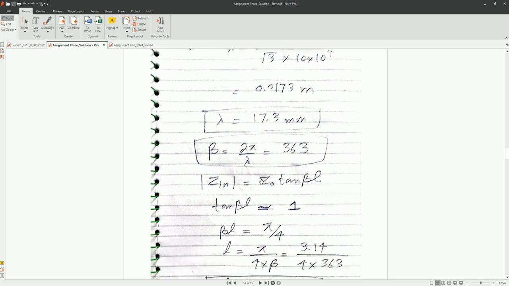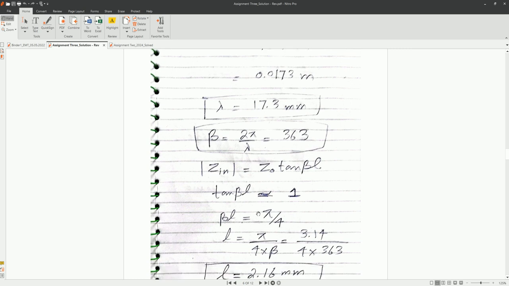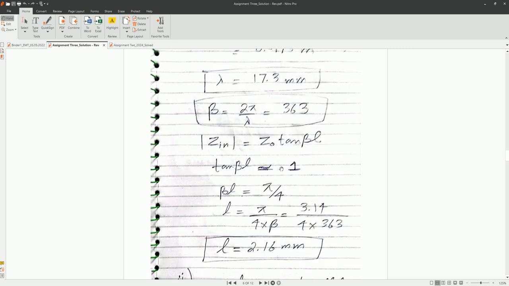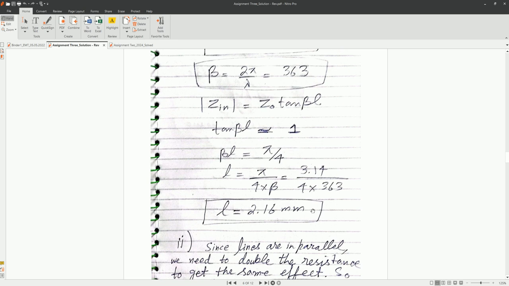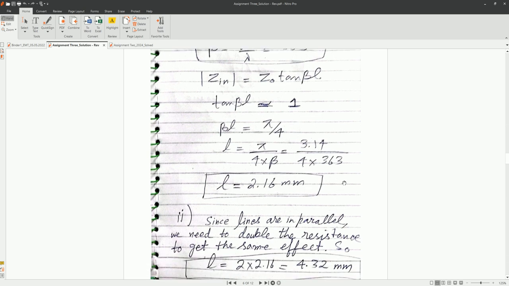And this Z0 is equal to Zin, so this will cancel, and here we will have 1, so tan beta l will be 1, and we know that this is at 45 degrees, so beta l is equal to pi by 4, and l is equal to pi over 4 beta. 3.14 over 4 times 363, we will get 2.16 mm length. So if you want to use two conductors in parallel, we know that the resistance will get halved.